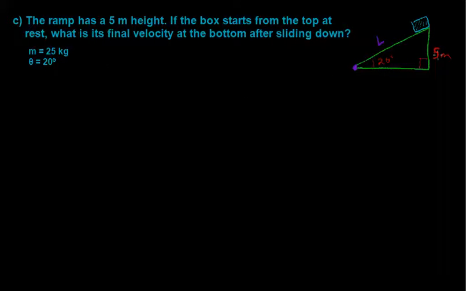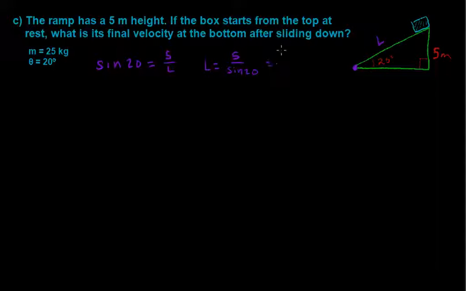So of course we know the opposite side of the triangle. We want the hypotenuse. We are going to use the sine of our angle. Sine of 20 degrees is equal to 5 meters over our length. You multiply length on both sides, divide by sine of 20 on both sides. We get that our length is equal to 5 divided by sine of 20.